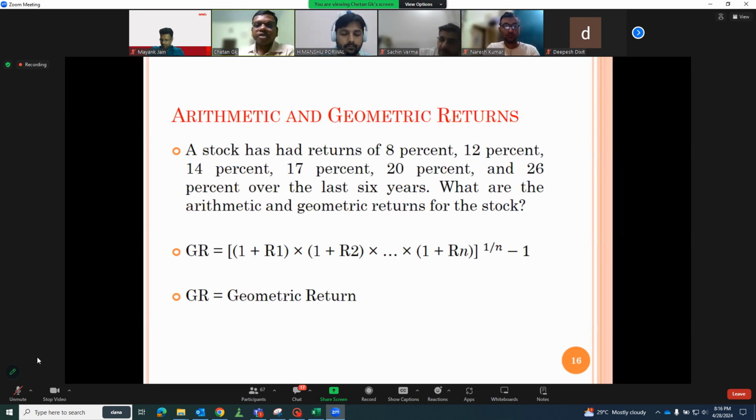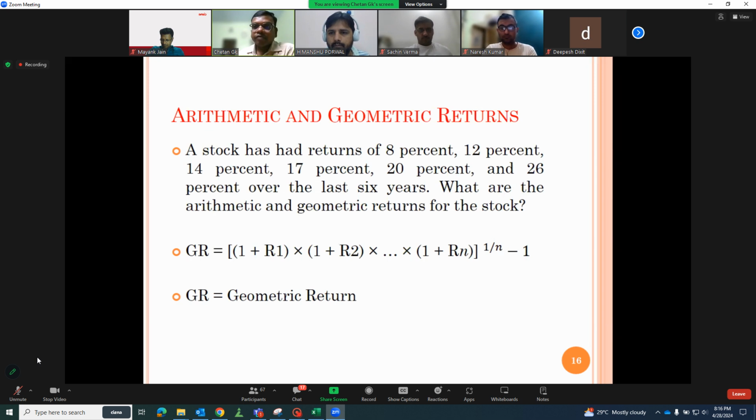Compute arithmetic return and geometric return, both. For arithmetic return, I am not giving you any equation. It is 8 plus 12 plus 14 plus 17 plus 20 plus 26 divided by number of observations: 1, 2, 3, 4, 5, 6. You'll get arithmetic return.